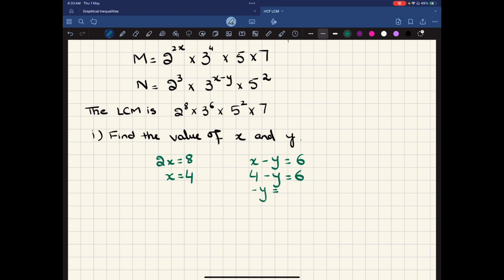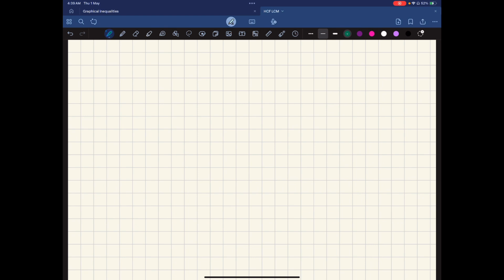Minus y is equal to 6 minus 4, 2. So y is equal to negative 2. Okay, so the value of x, according to the rules that we've learned, is 4, and the value of y is negative 2. Okay, let's do another similar question to ensure that there is no confusion left.